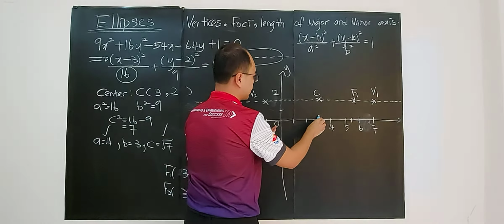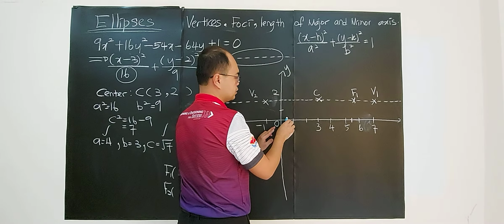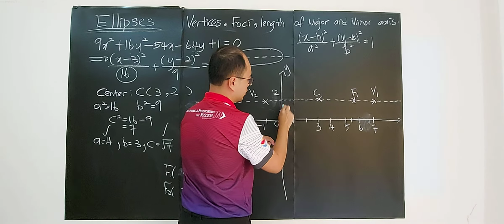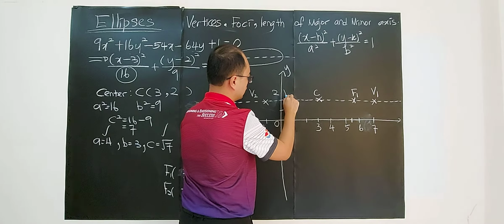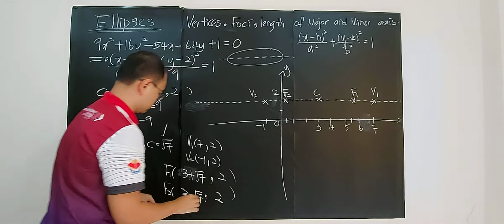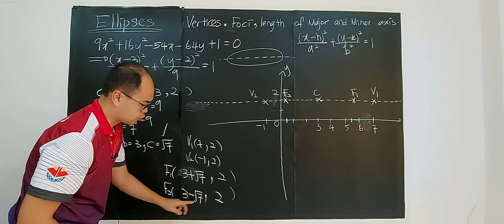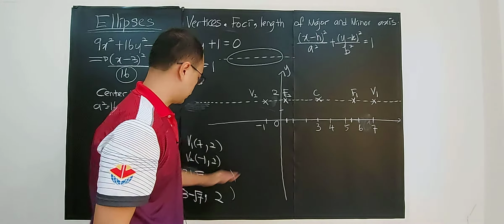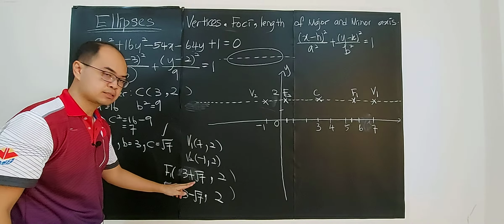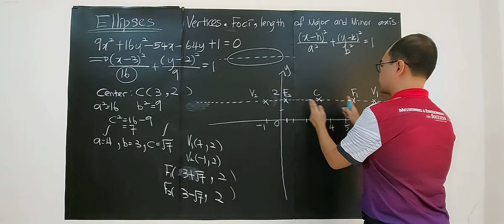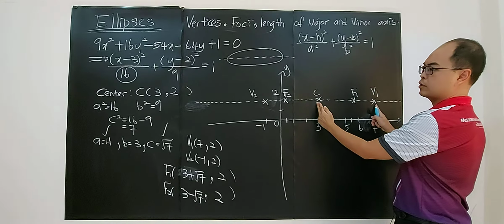So it's around here, and I label it F2. But I know that 3 minus square root of 7 is around 0.4, and I have written it in the exact form for more accuracy. So now we have known the square root of 7, and A is 4.